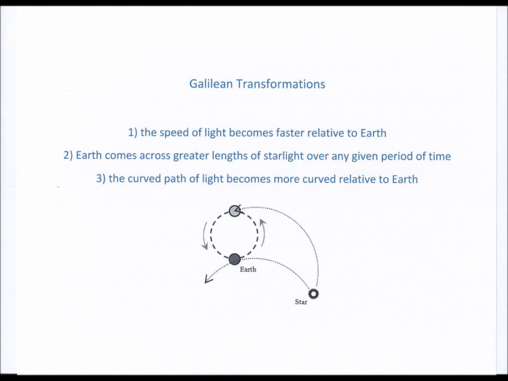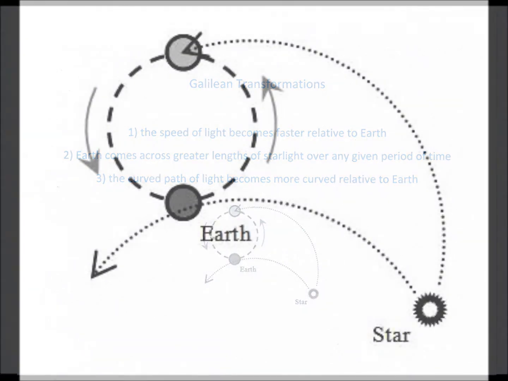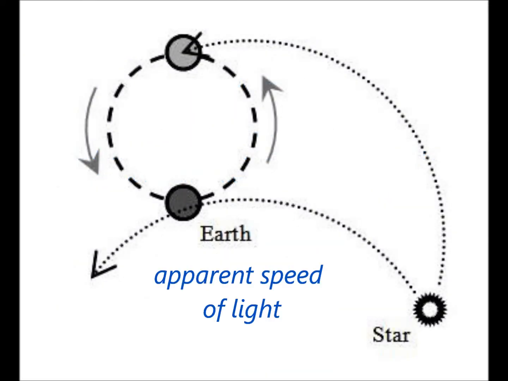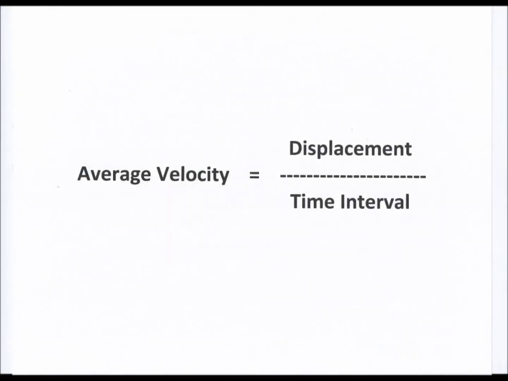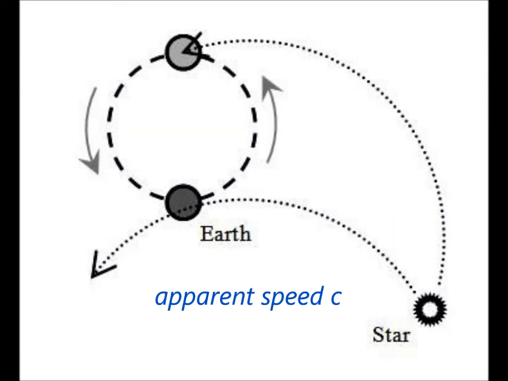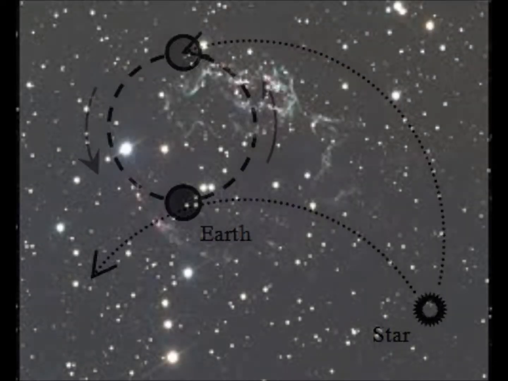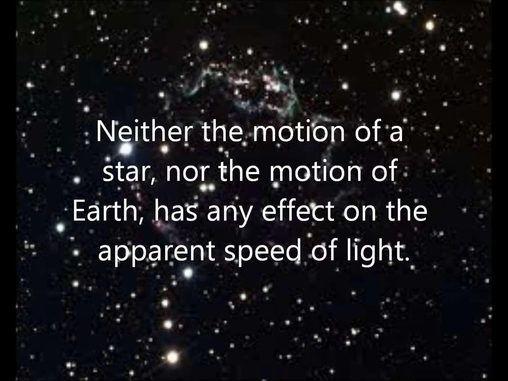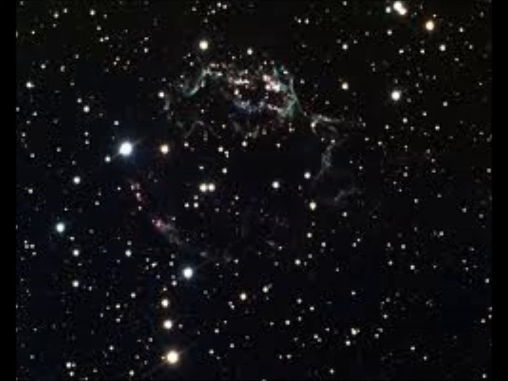But because any change in the relative speed of light corresponds to changes in its length of travel and the curvature of its path, the apparent speed of starlight, or the magnitude of its average velocity, remains constant c relative to Earth. A similar but reversed process takes place when Earth circles away from starlight. As a result, neither the motion of a star nor the motion of Earth has any effect on the apparent speed of light.